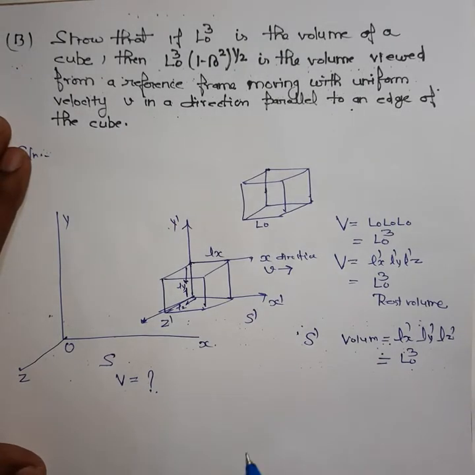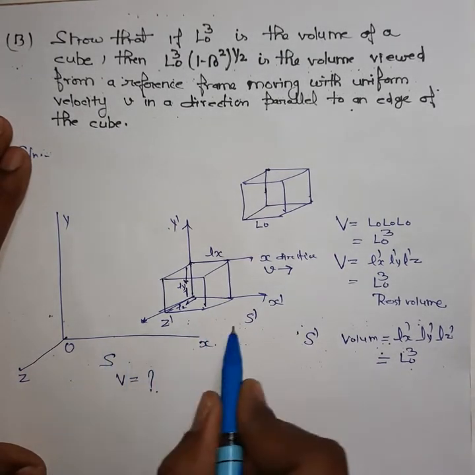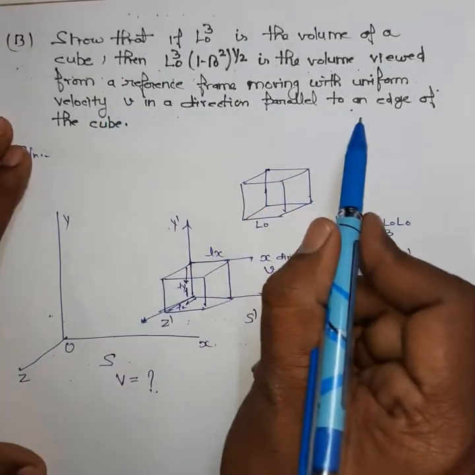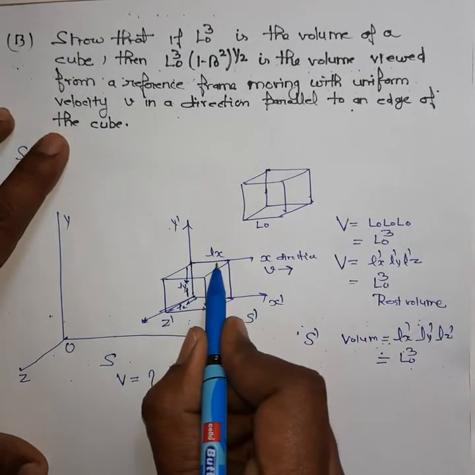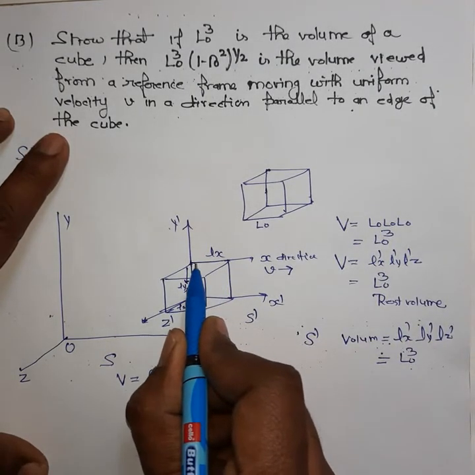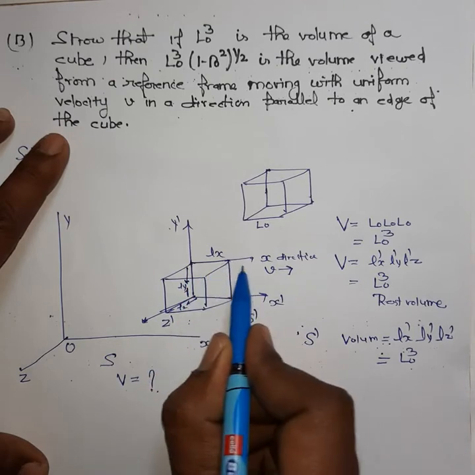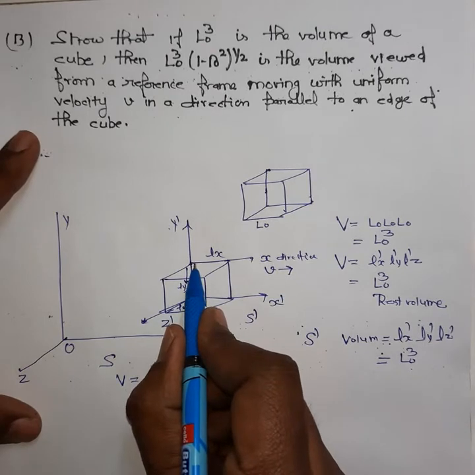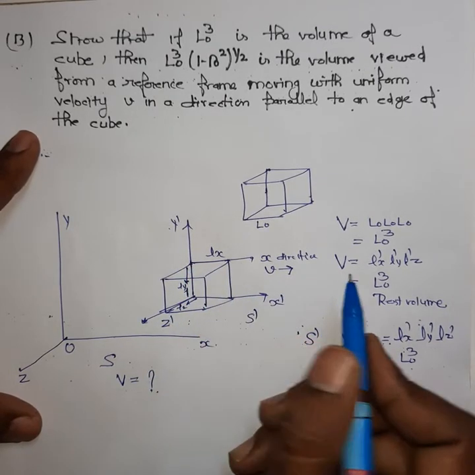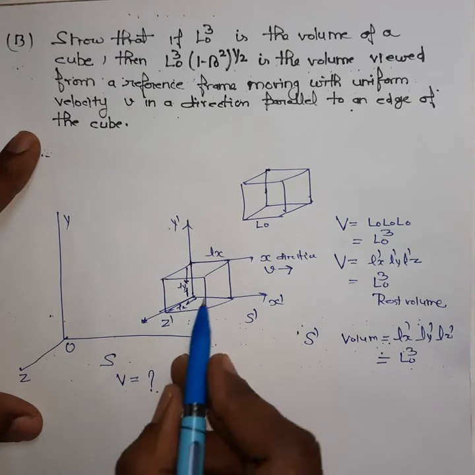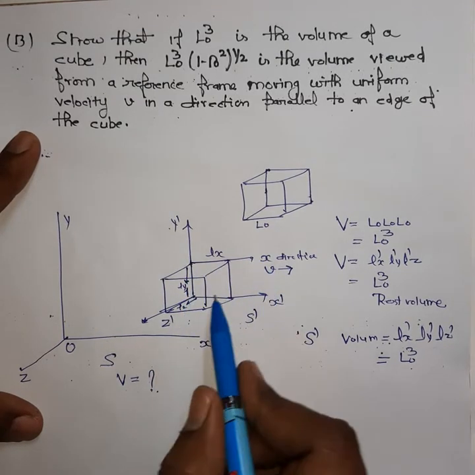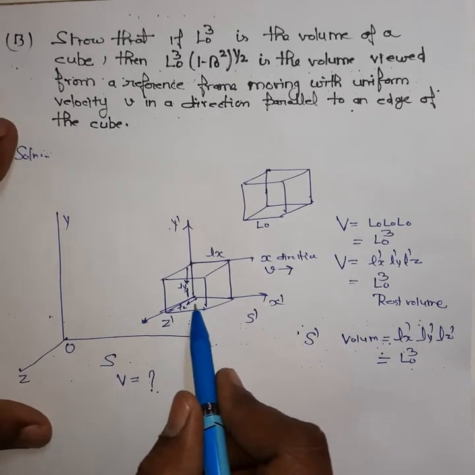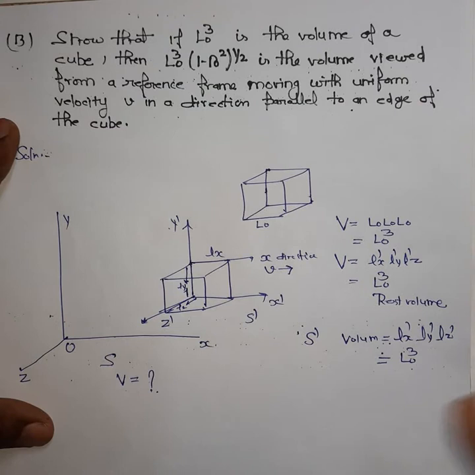Since it is given that the motion is in a direction parallel to an edge of the cube, the relative motion is along one of the edges of the cube, so you can consider that this relative motion is along x direction. Since relative motion is only along x direction, you will not observe any contraction in y and z dimension.